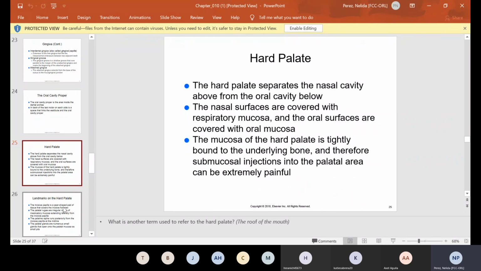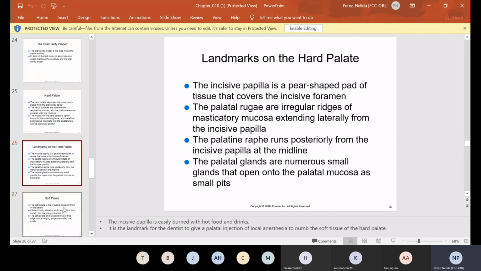So yesterday I mentioned to you the palate is on the top of the mouth, and a lot of you refer to it as the roof of the mouth, and it is the palate. You might hear it called palatal, maxillary palate, so roof of the mouth. Now, the landmarks of the hard palate: the incisive papilla is a pear-shaped pad of tissue that covers the incisive foramen.